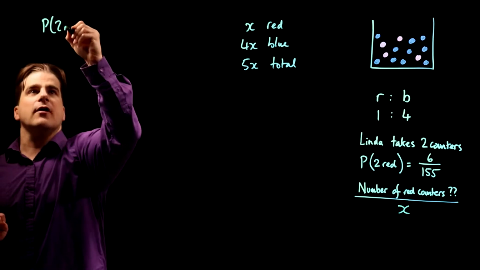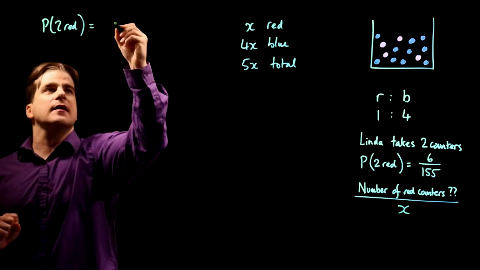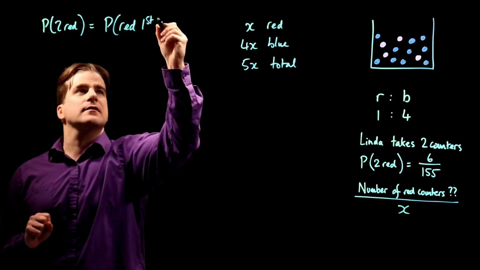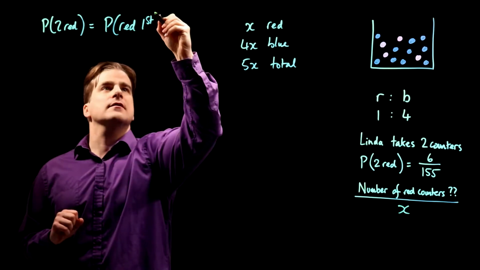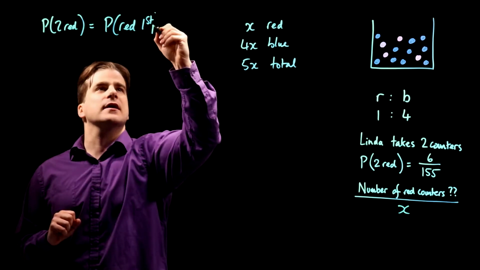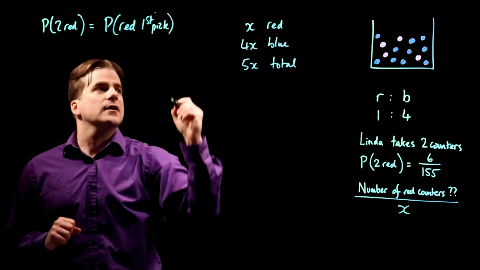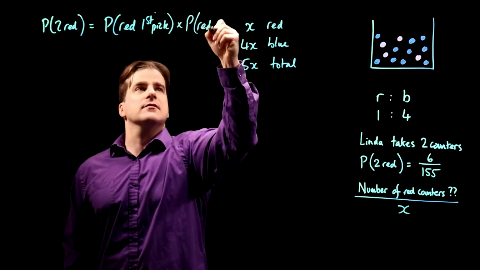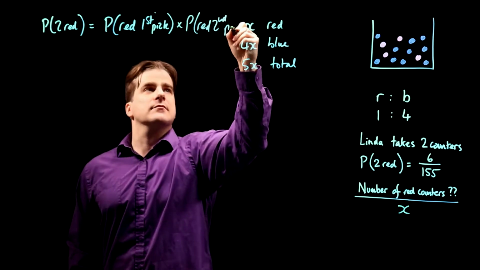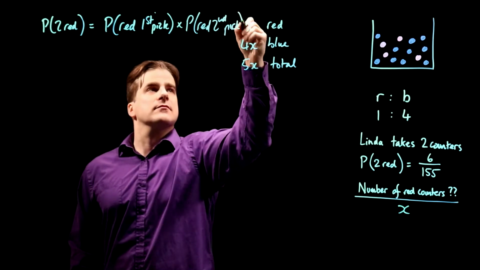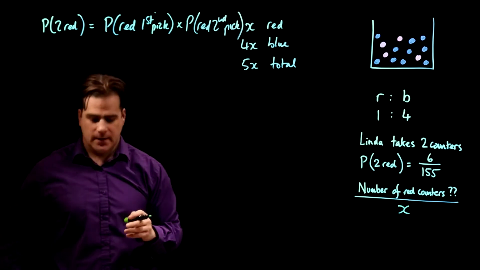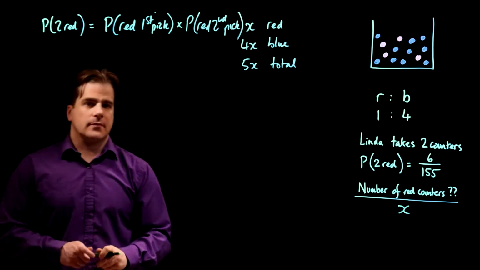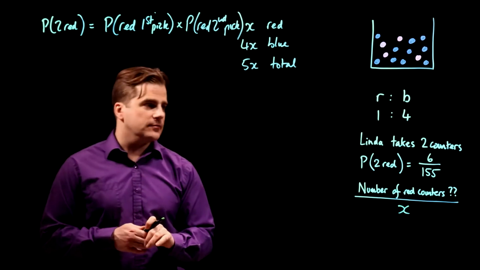Probability of 2 red overall is the same as the probability of a red with the first pick times the probability of a red with the second pick.